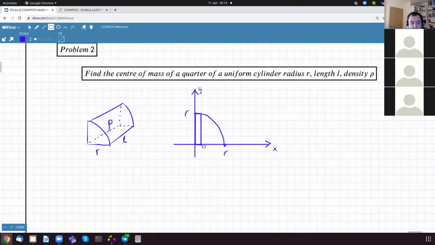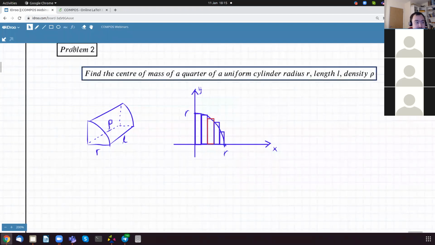From this side, it will look like rectangles. I'm going to choose one of those rectangles and analyze it.